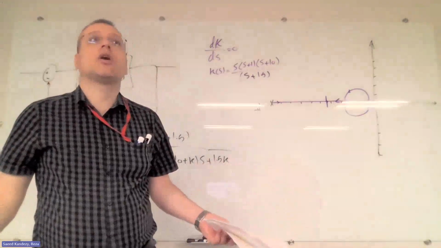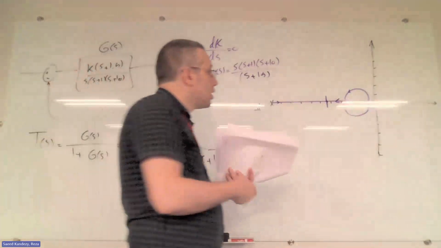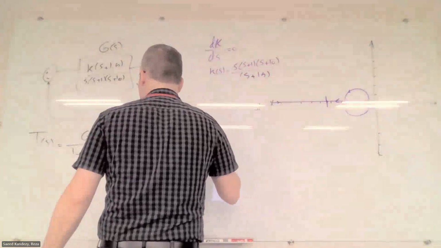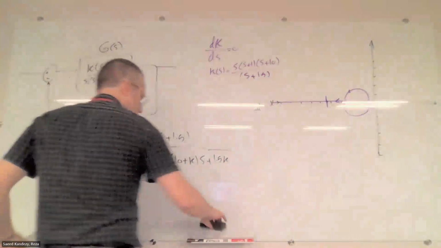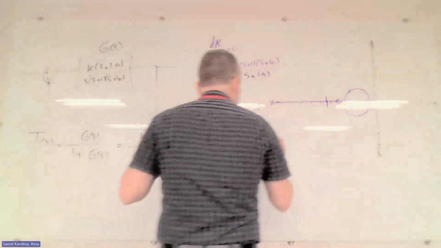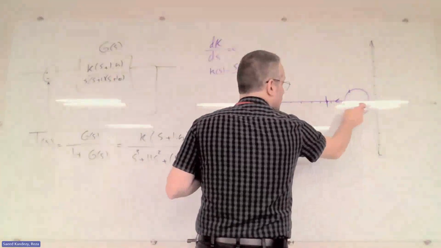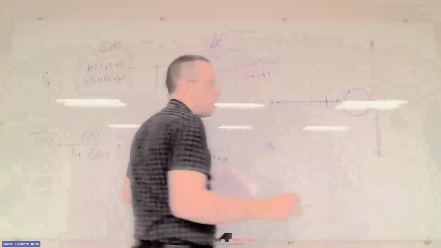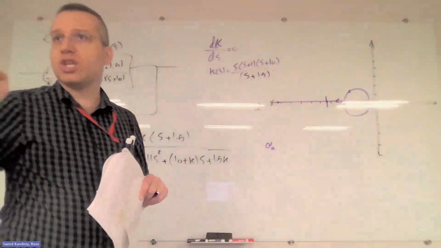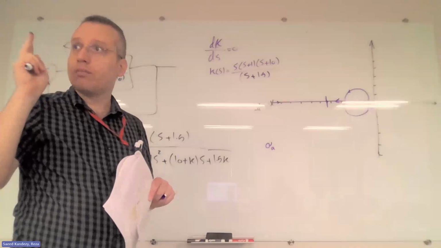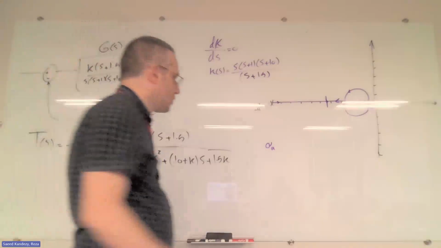We need the asymptote lines, right? Now, for asymptote lines, we know we could find the delta A. Here we have three poles and 1 zero, so we are short by 2. That means we are going to have 2 lines, right?